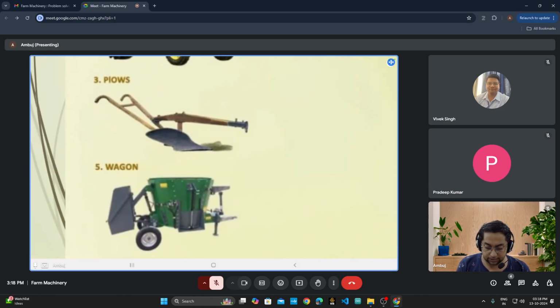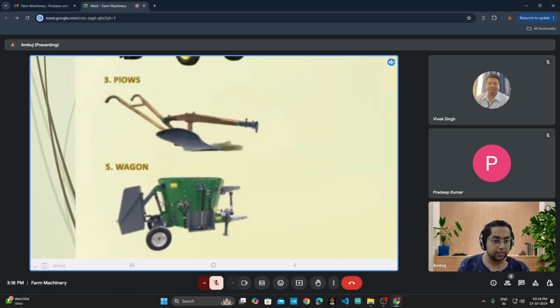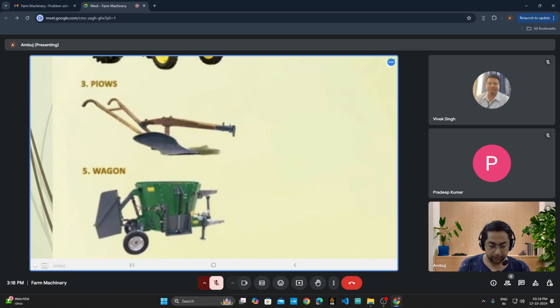Then this is the wagon. It is used to transfer the processed seed to your dryer or to your storage facility. I think I have also solved a question regarding the cylindrical diameter of the storage unit. Please do revisit that once again.